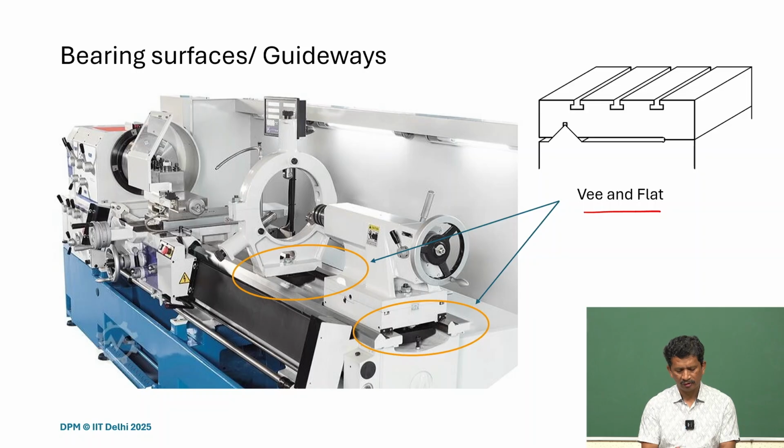The machine tools and systems have a V and flat, and we can recognize them in the older machines meant to fabricate or manufacture precision components.